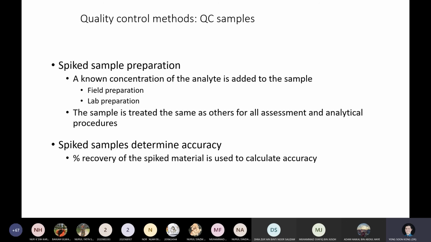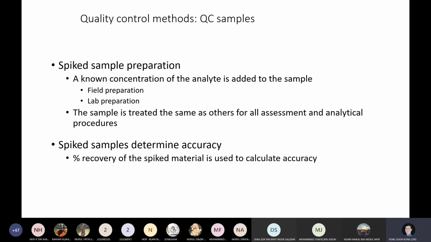Once you put in the known concentration and you analyze it, you should get back the same concentration as you spiked. Let's say for example you are spiking 10 ppm of lead solution. During analysis, you can expect to get back 10 ppm from the spike sample.